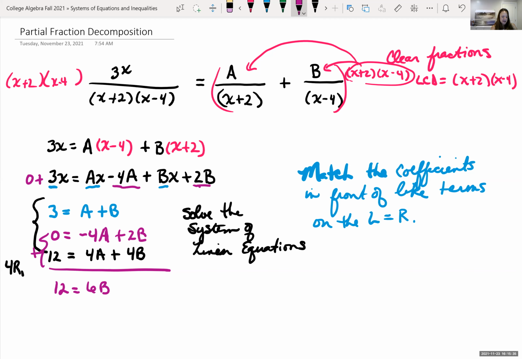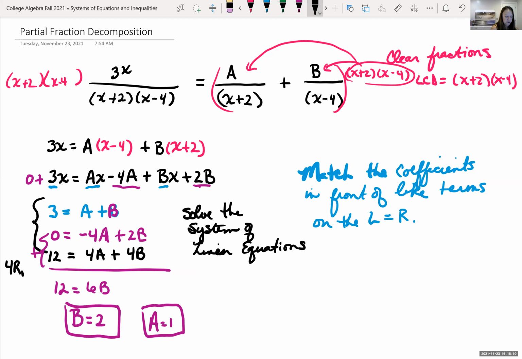So now I know what my B is. I can divide both sides by 6 and I get B is equal to 2. And if I know what B is, I can go back and do back substitution and figure out what A is. So if I go back to this first equation, 3 is equal to A plus B, 3 is equal to A plus 2, A must equal 1. And we pretty much now have it.